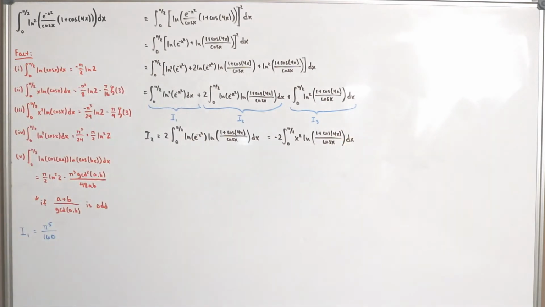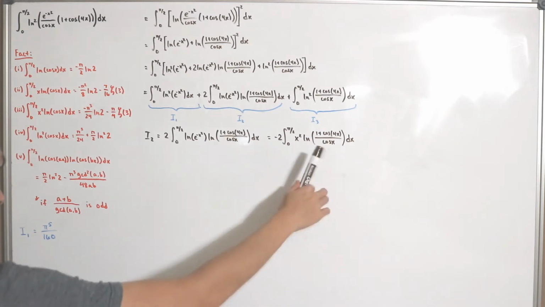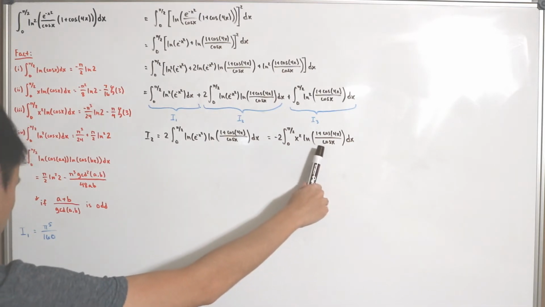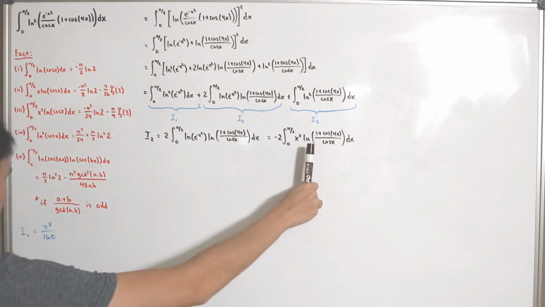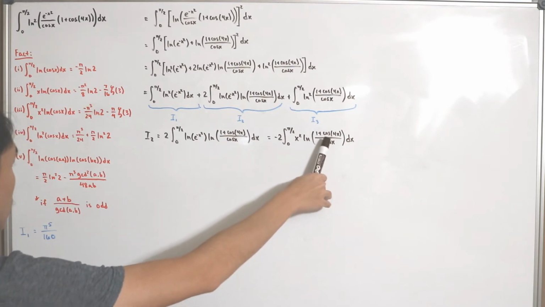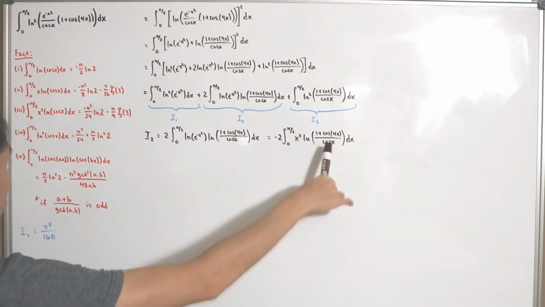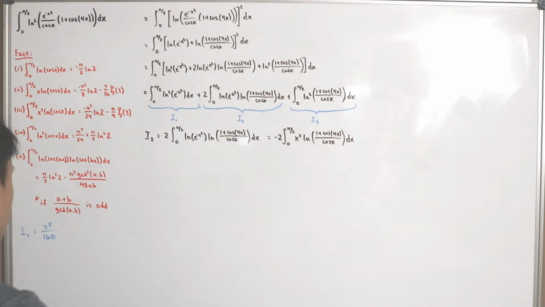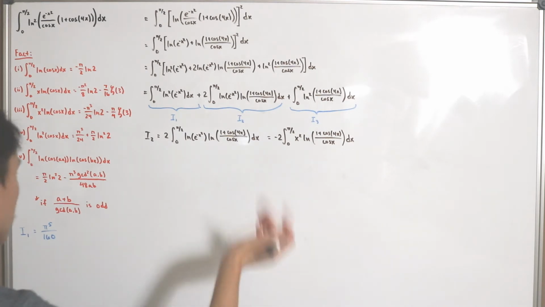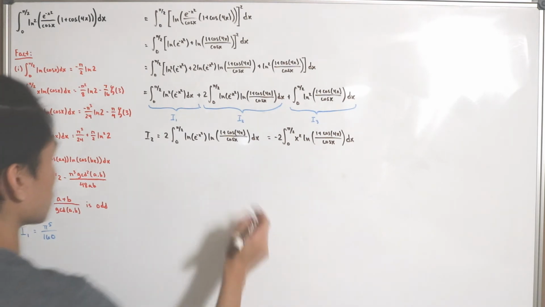All right. So now, focusing on this natural log expression, because this is a fraction within the input of the natural log, we can use the rules of natural logs to subtract. So it'll be the difference of natural logs.